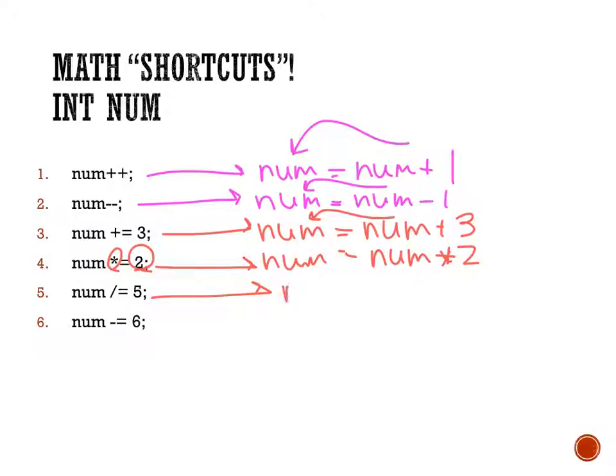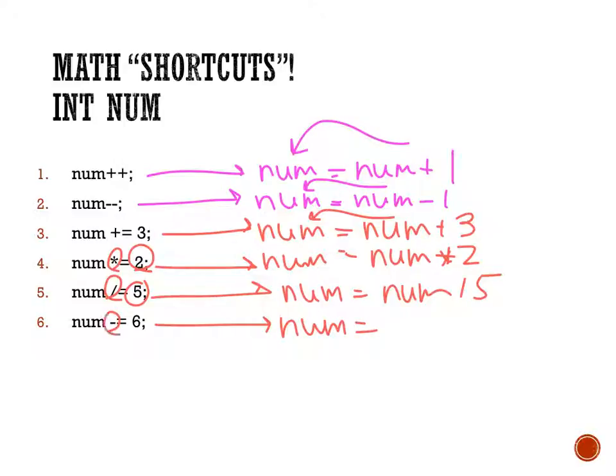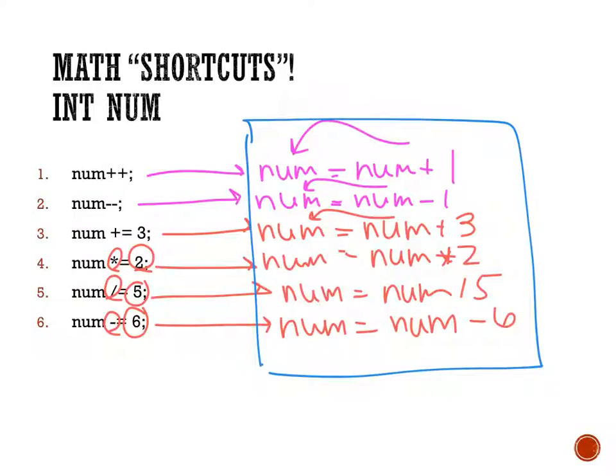That fifth line, taking my number, and I'm going to divide it by 5. And then here again, taking my current number, and I'm going to subtract 6. So those are just your key shortcuts that if you want to encode, make it a little bit shorter rather than writing out these longer statements that you see over here on the right, you can use these shortcuts to help you out.